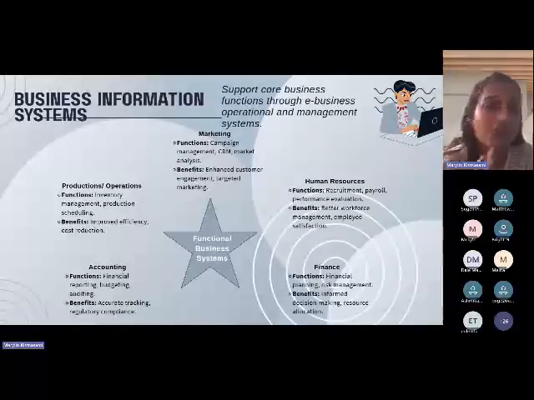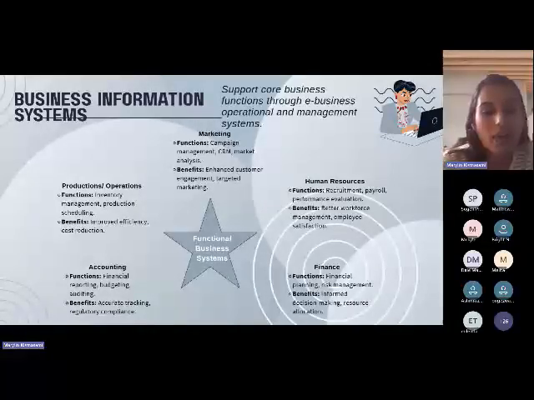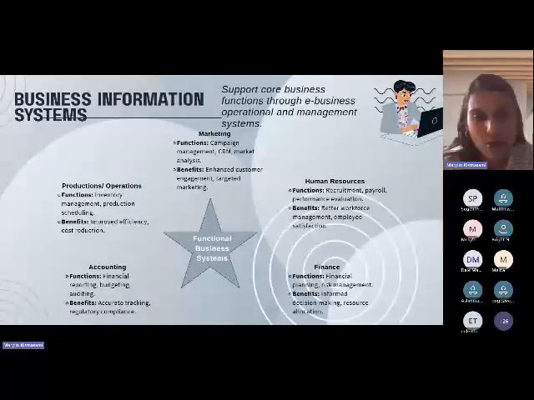The staff administrative system overall helps you link all the other important aspects of your business into one. And then you also have your human resources module. Again, it's your staff information system, with centralized employee data, to ensure a streamlined HR process. Are there any questions regarding business information systems?